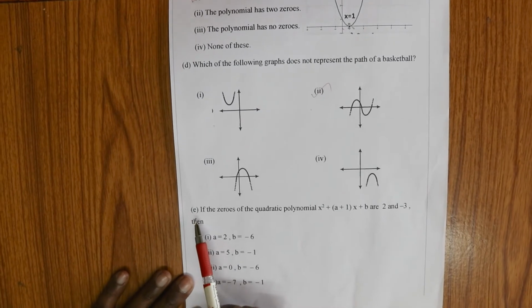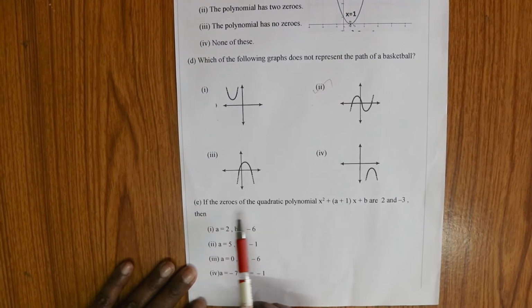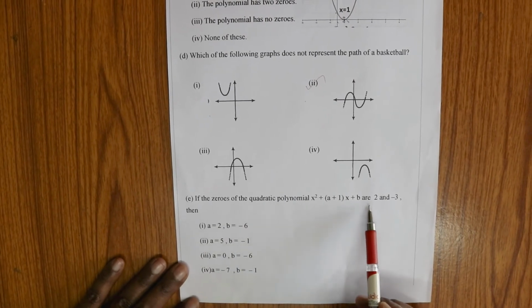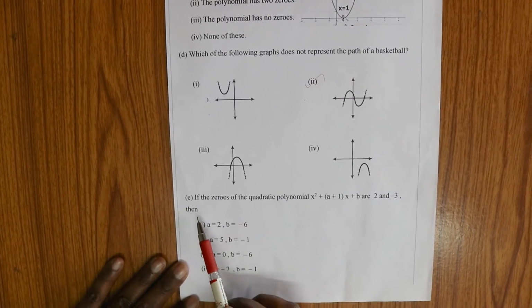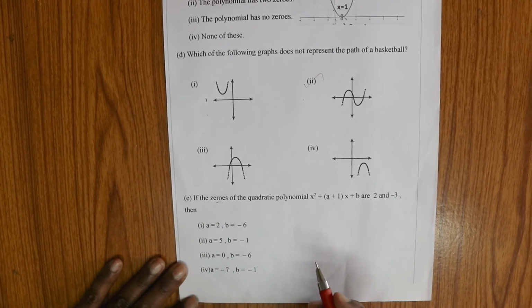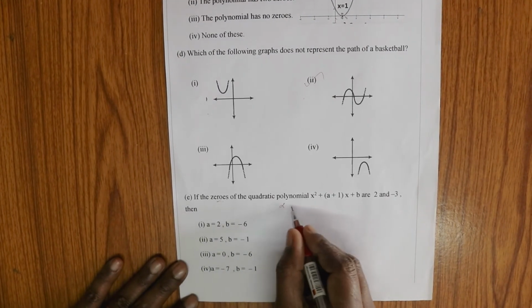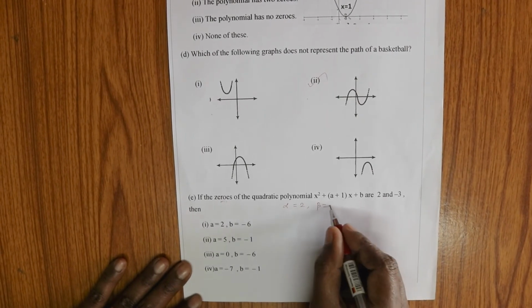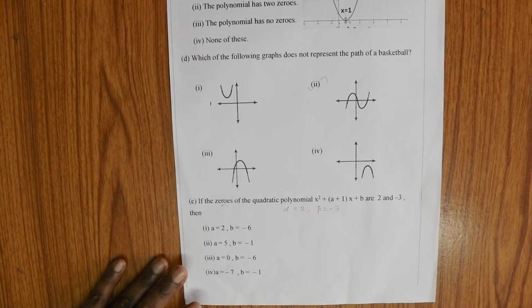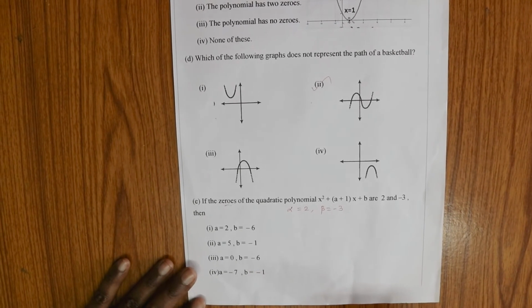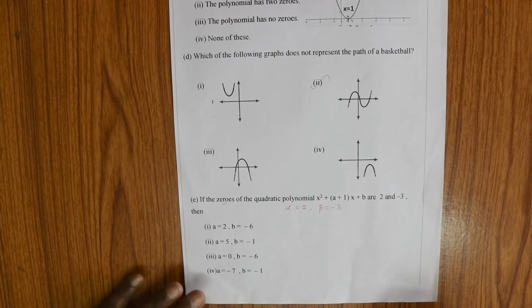Then coming to subdivision E. If the zeros of the quadratic polynomial are 2 and minus 3, then, what is given? The zeros we represent as alpha and beta. So alpha is 2 and beta is minus 3. They're asking us to find what A and B are.